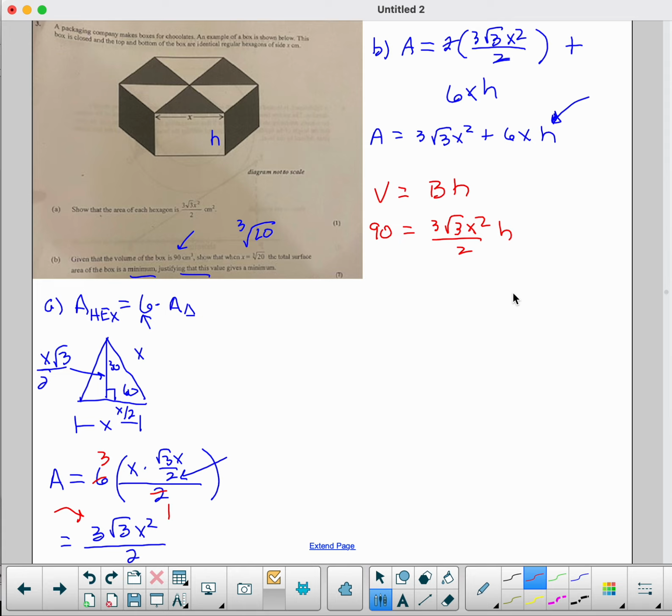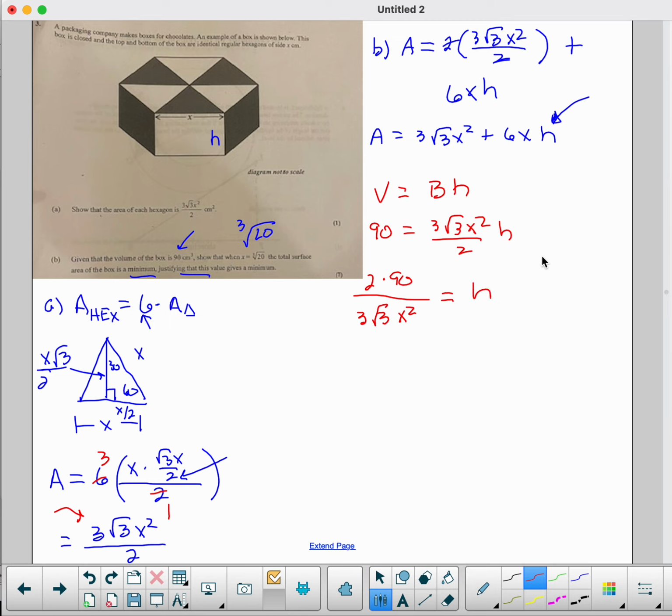So to find the height in terms of x, we're going to divide both sides by 3 root 3 x squared over 2. We could also multiply by the reciprocal. That would be a little easier. 2 times 90 over 3 root 3 x squared equals h.